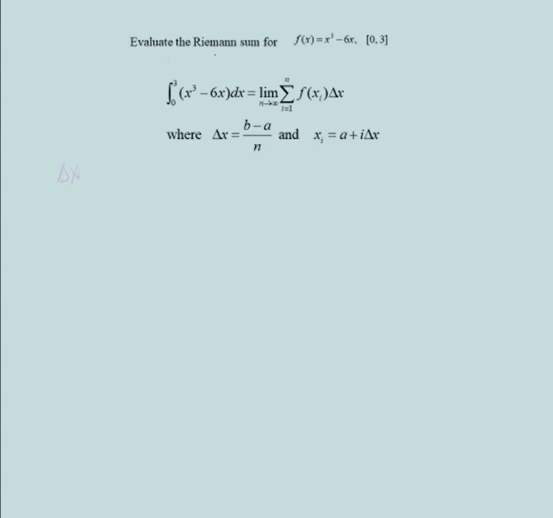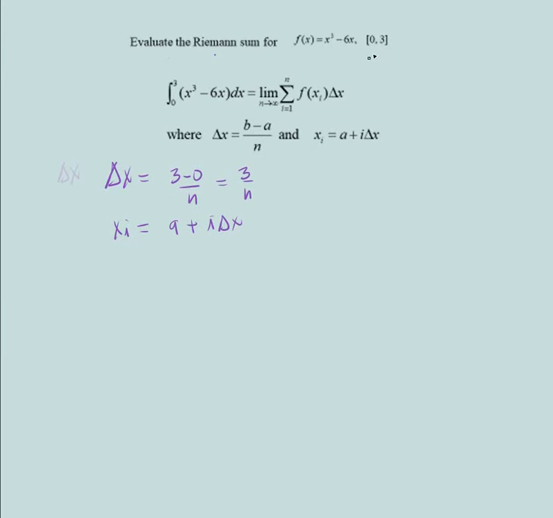Delta x is equal to b minus a, divided by n. b is 3, a is 0. So we get that delta x is 3 divided by n. Perfect. Now let's find xi, because we found delta x. xi is going to be a plus i delta x.